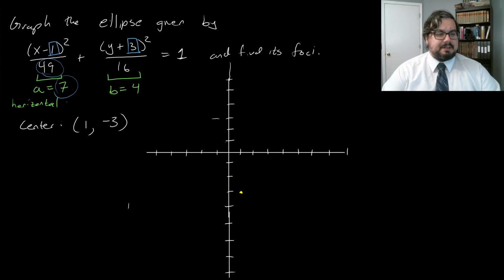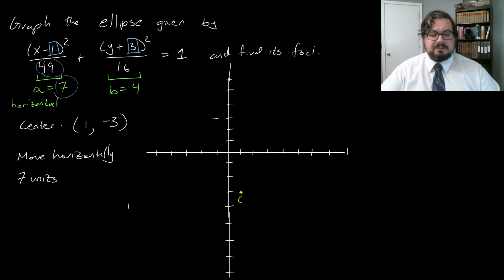So we will move from the center horizontally 7 units to get our vertices, 7 units to the left and to the right.